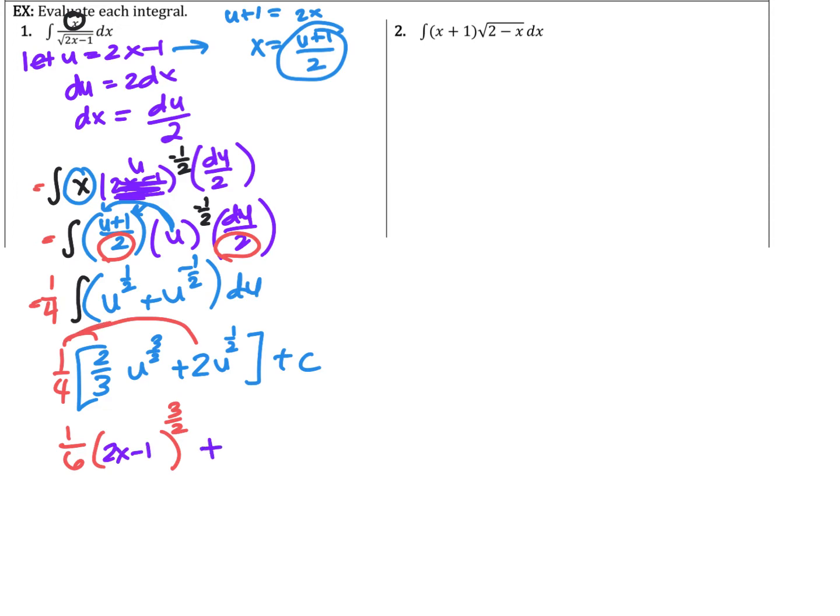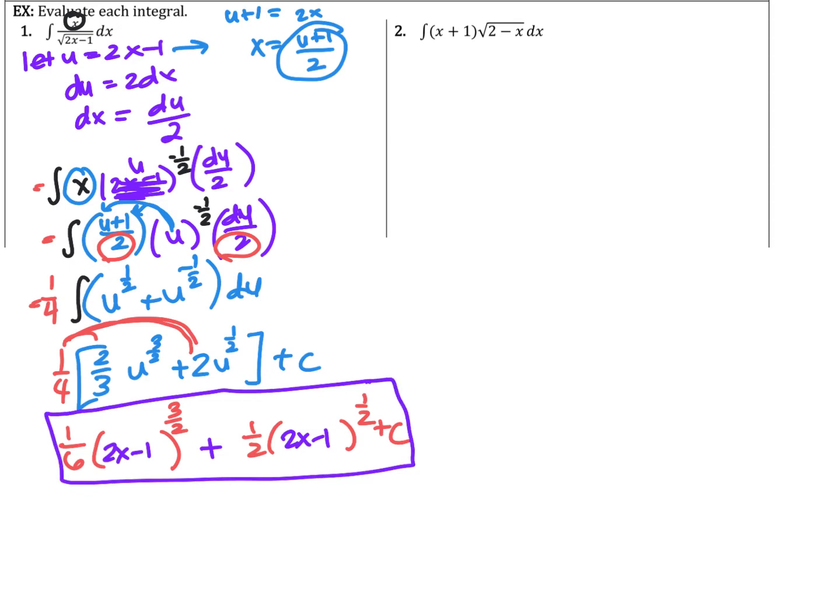Plus, if I multiply 1/4 by 2, I get 1/2, not times u to the 1/2 power anymore, but substituting back in what u was equal to, 2x minus 1, plus my c value. So really similar to what we were doing last class, with the exception of now we have to manipulate a little bit more to get everything to be in terms of u and to not have any x's left over.